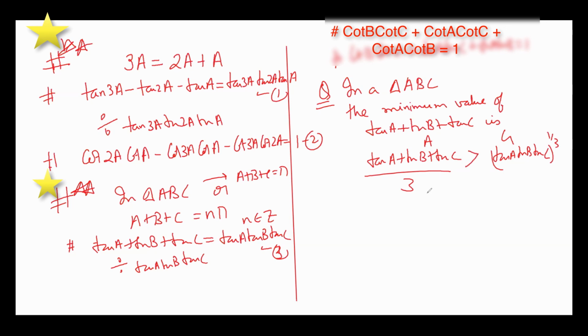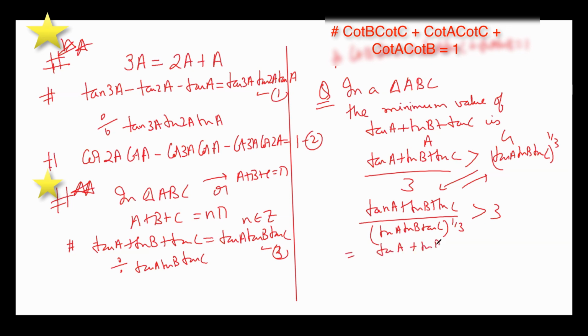Now I take this to this side and this to this side. And from my earlier result, I know that their sum is equal to their product, or their product is equal to sum. So I can replace this product by their sum.